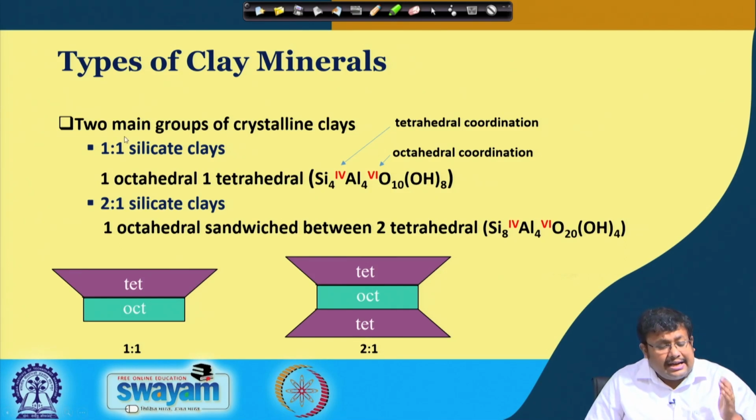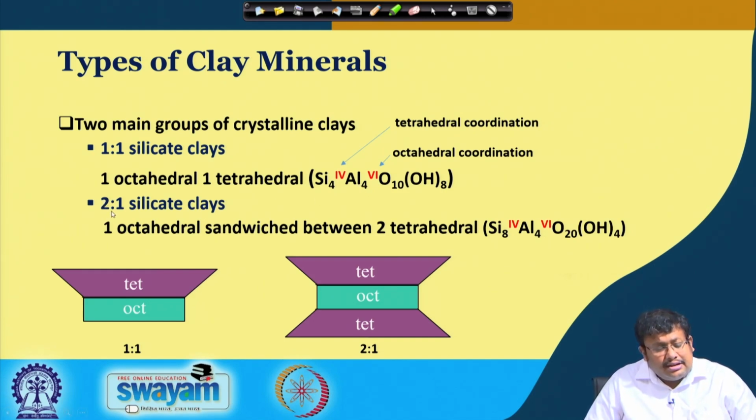So, let us first discuss the types of clay mineral. Obviously, as you know, there are two main groups of crystalline clays, the 1:1 type of clay, which is composed of one octahedral and one tetrahedral sheet, and this is the structural formula, where this 4 denotes the tetrahedral coordination and 6 denotes the 6-fold or octahedral coordination for aluminum.